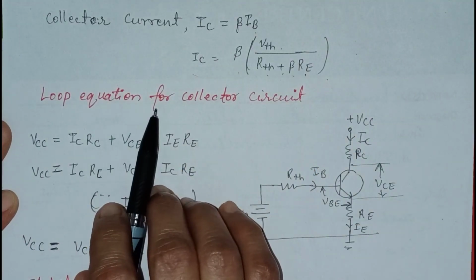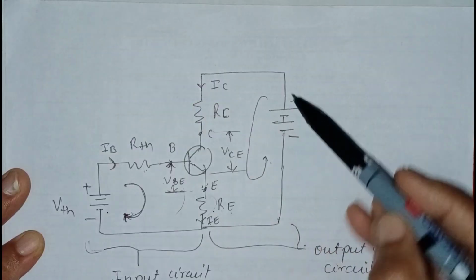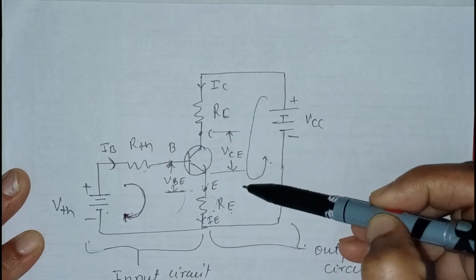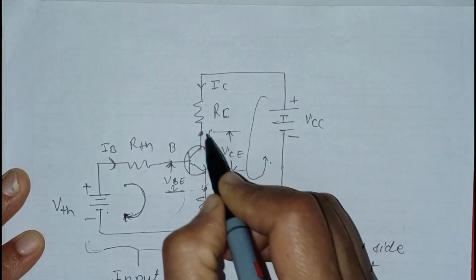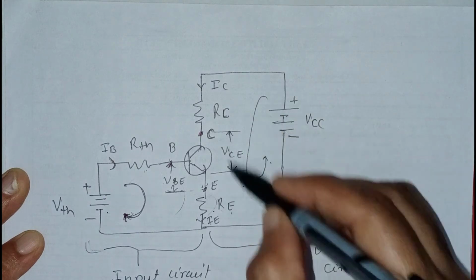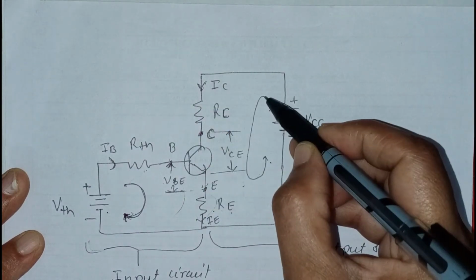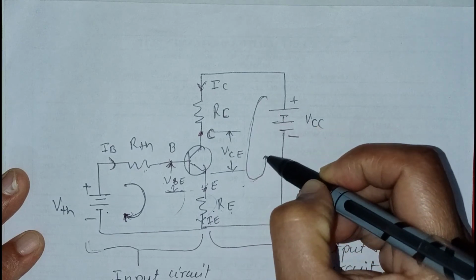Now we will apply KVL on the output side, meaning the collector side. This is the collector side, meaning output side, because we take output from the collector, so this is called the output side. Now we will apply KVL here. We can see IC is flowing in this direction, so the direction in this loop will be this one.